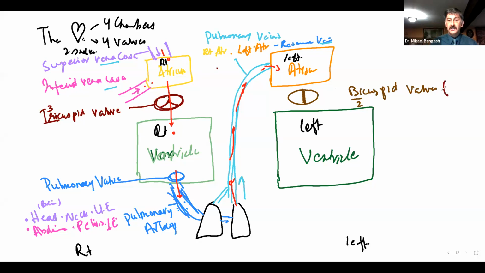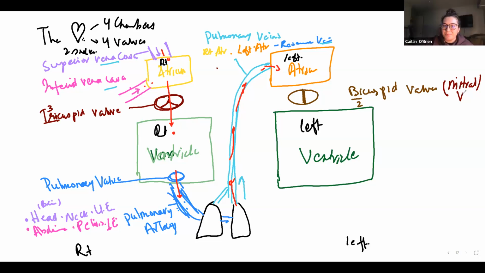It may also be called the mitral valve. So another name for your bicuspid valve is the mitral valve. Is that clear?